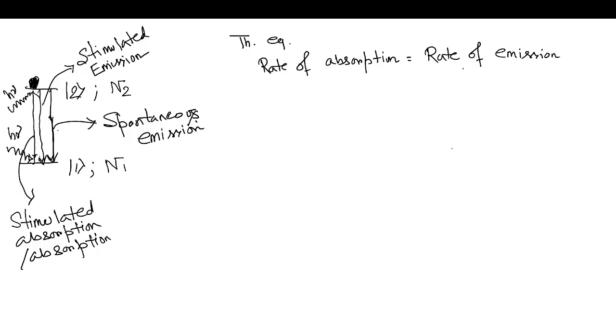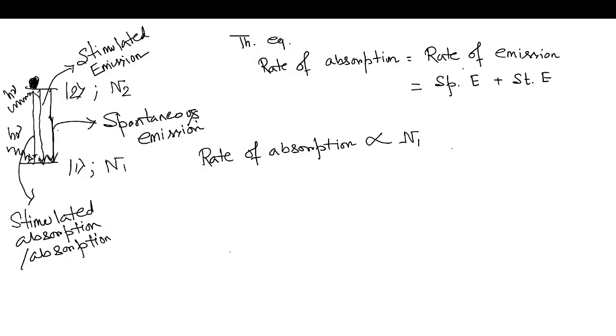Now rate of emission can be written as spontaneous emission plus stimulated emission. Now the rate of absorption is proportional to two factors: the number of atoms or molecules present in state one, and the radiation density.